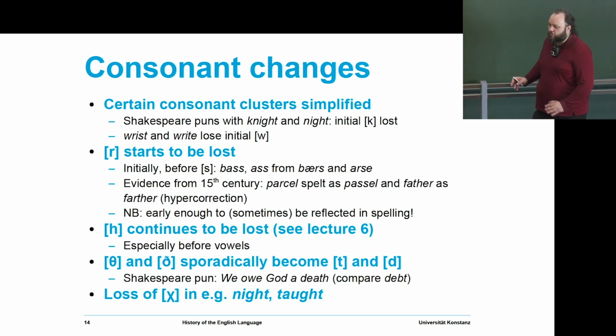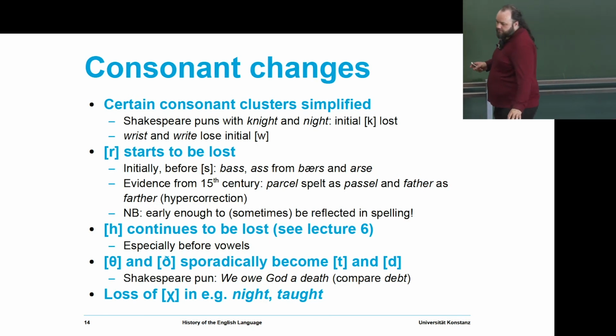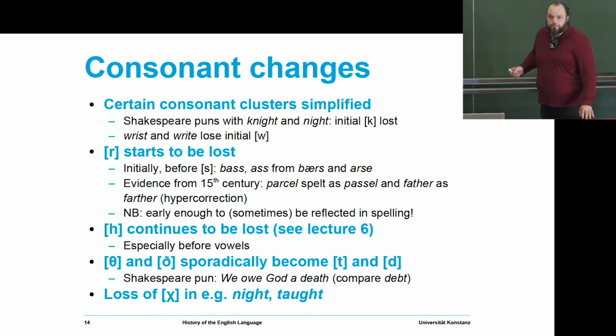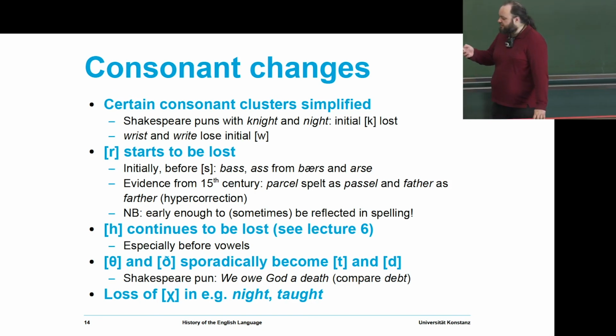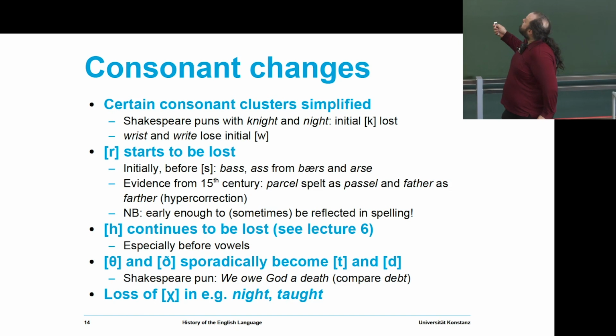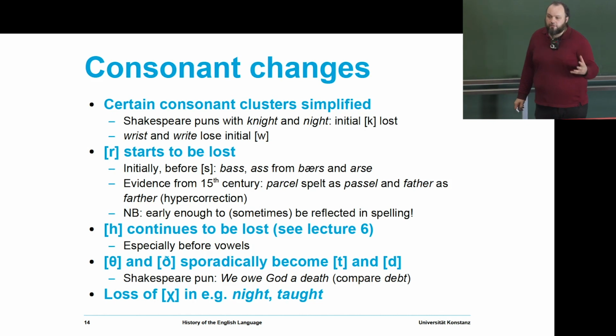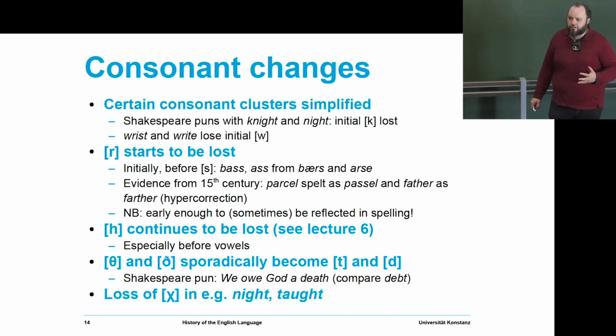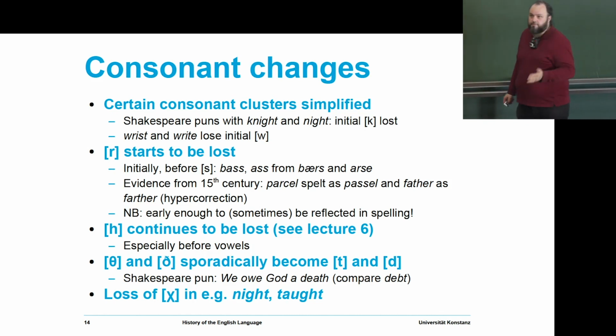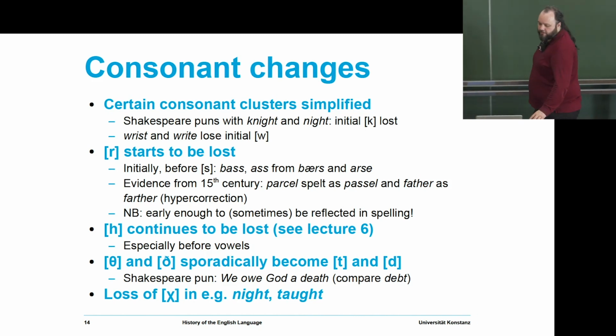It didn't make it to everywhere. And we actually see people in the 15th century writing these words in new ways. So parcel, for instance, this word here, gets written like this, "pacel", which suggests that people did not pronounce the R, because if they did, they would know that they also needed to write it down, especially in the early Middle English period before spelling was standardized.